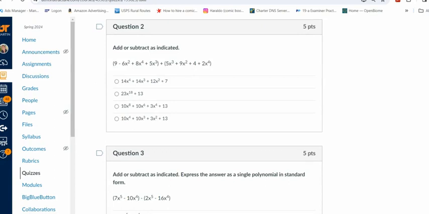Okay, so here we are adding. If you're adding, you can just drop the parentheses. First of all, there's nothing outside the front parentheses, so I can just drop the parentheses. And then we're adding, and there's nothing out the front there, so I can just drop those.